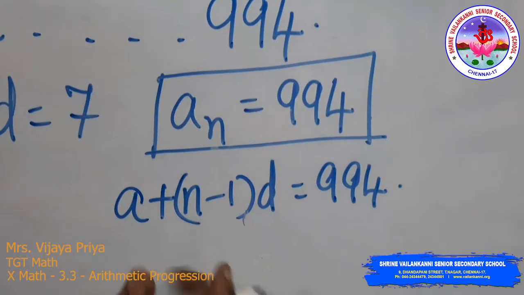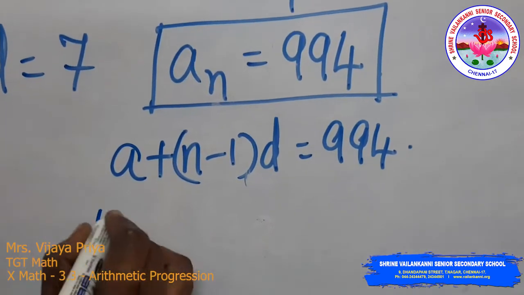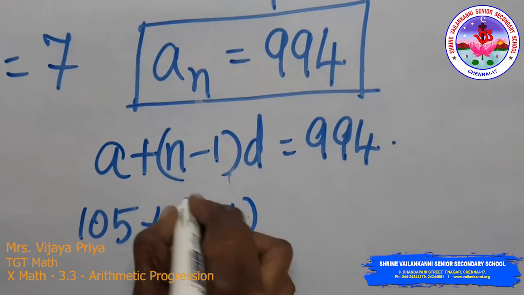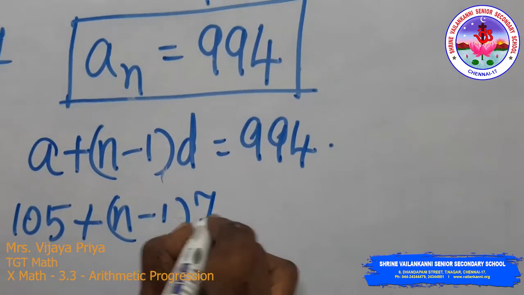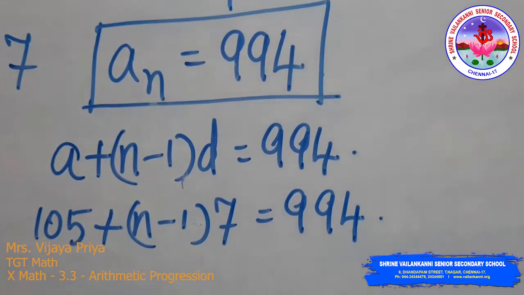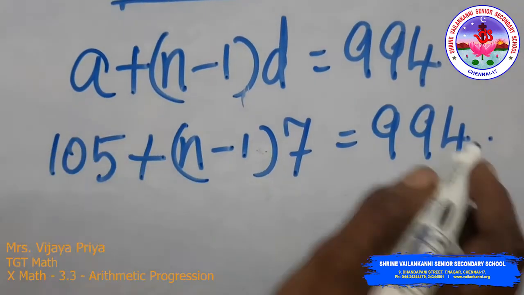So through my sequence, I got a as 105 plus n minus 1, where n I need to find, and the common difference is 7, which is equal to 994. I am taking this 105 to the other side.